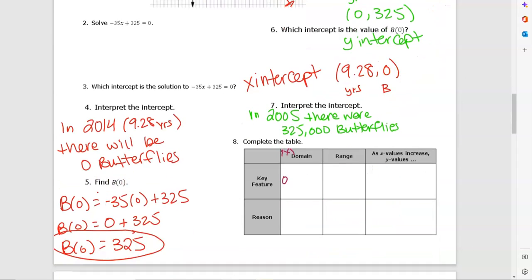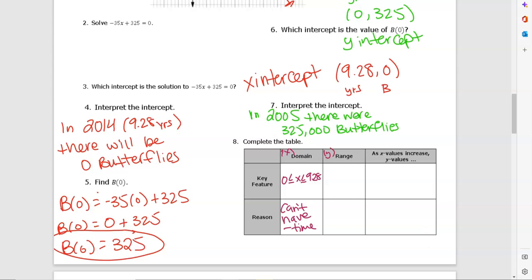Good. So we are not going to go negative. We're not going to go back in time, right? So can't have negative time. And we also know we have to stop at 9.28 because that's when we don't have any more butterflies.